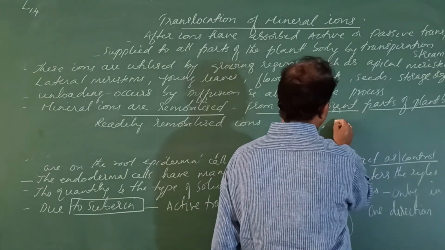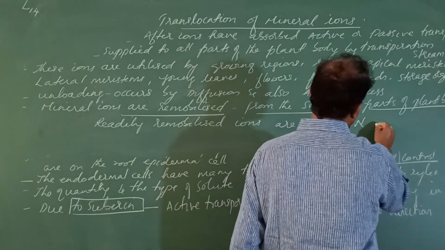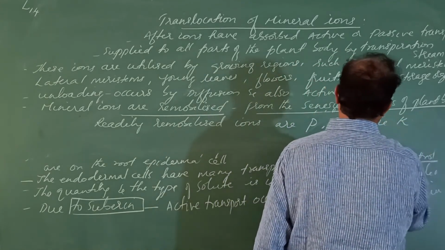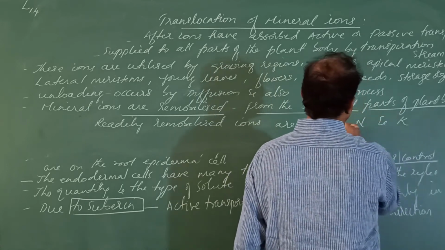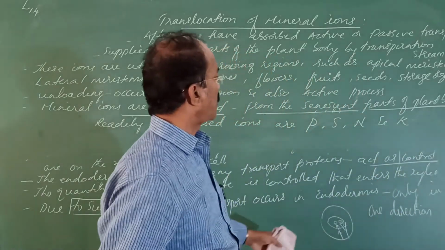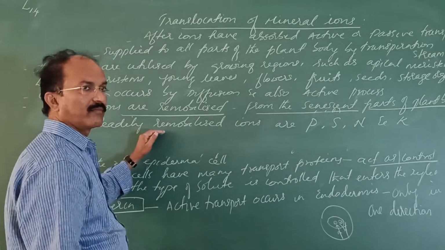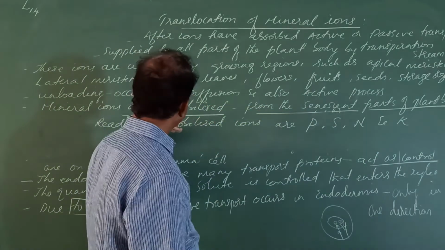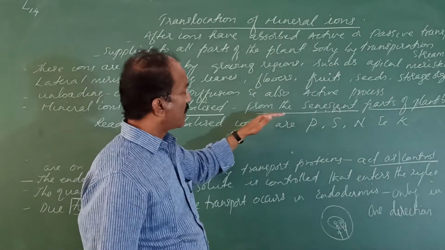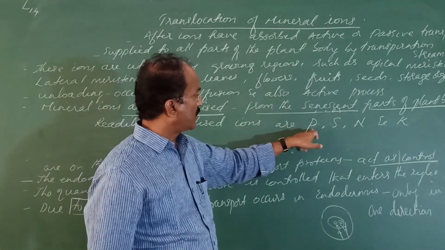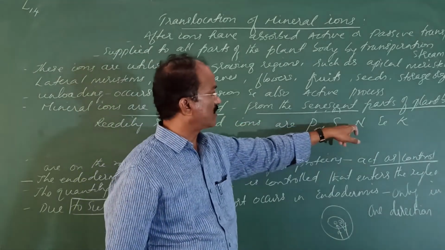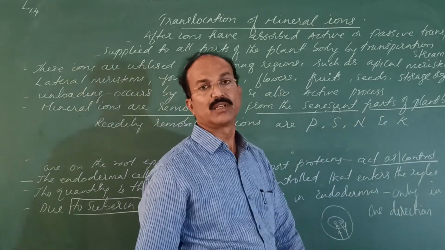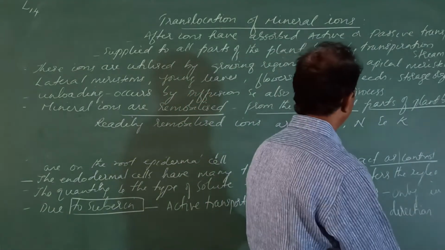Next the sulfur, the nitrogen and the potassium. Sulfur, nitrogen, potassium. So from the senescent parts of the plant body, the remobilization occurs readily. These ions like phosphorus, sulfur, nitrogen, and potassium are readily remobilized.